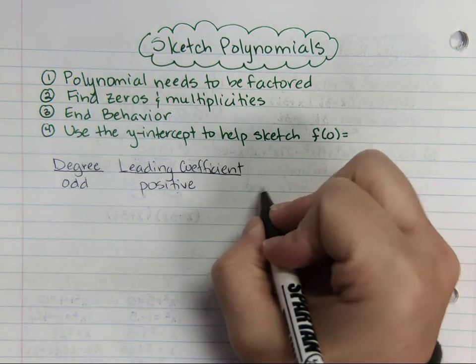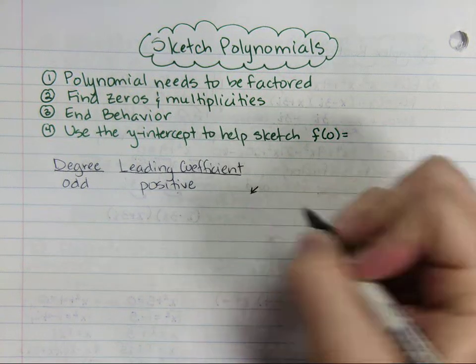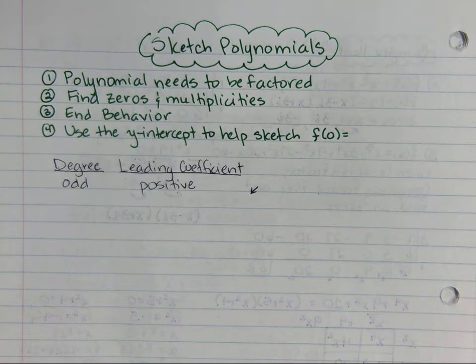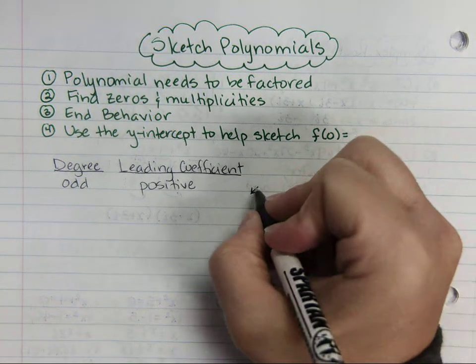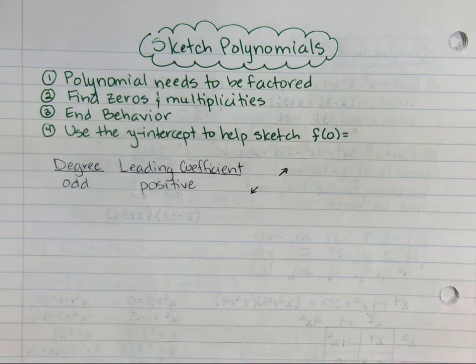For example, in a little sketch, just the arrows, on the left-hand side, the graph goes down towards the bottom left, and on the right-hand side, it moves up like this.